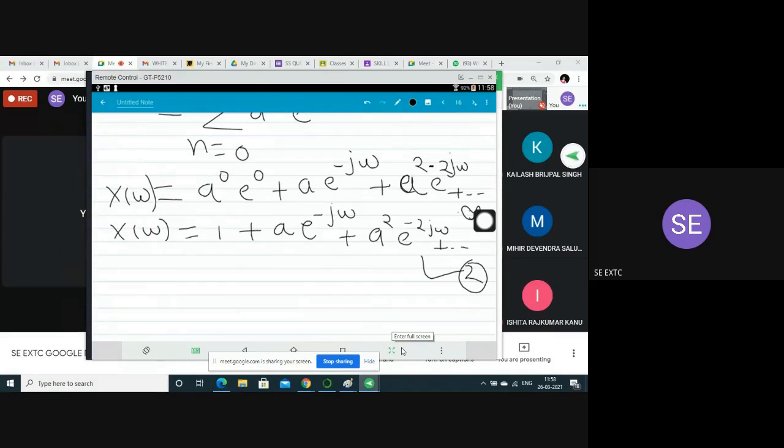We have written the equation of X of omega, that will become equation number 2. Now we have to multiply this X of omega with e to the power minus j omega.